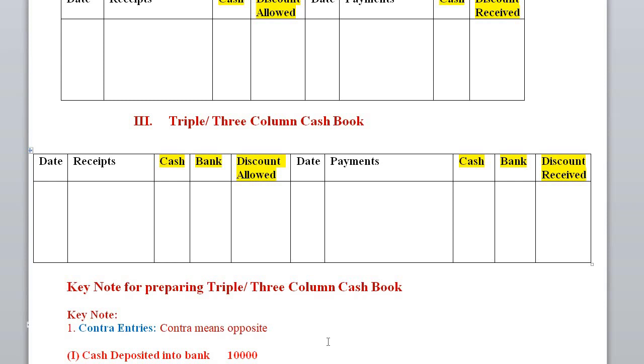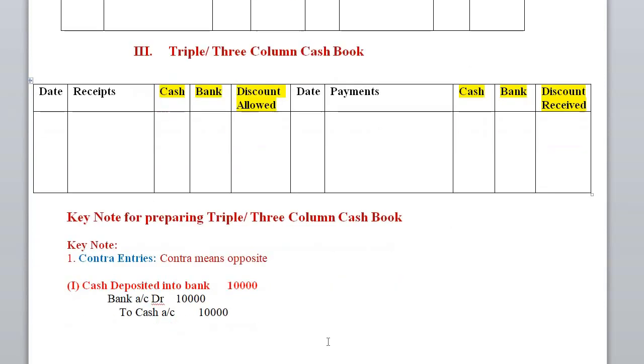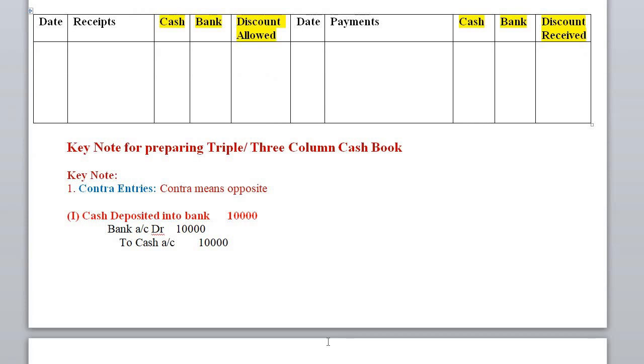In a triple column cash book, cash, bank, discount allowed on the debit side, and cash, bank, and discount received on the credit side of the cash book. We are going to see some keynotes for preparing the triple column cash book.